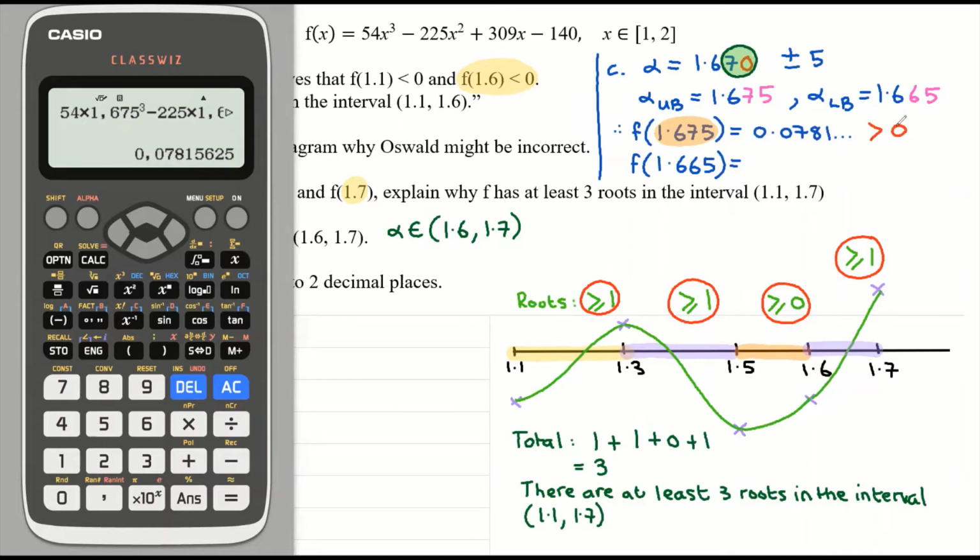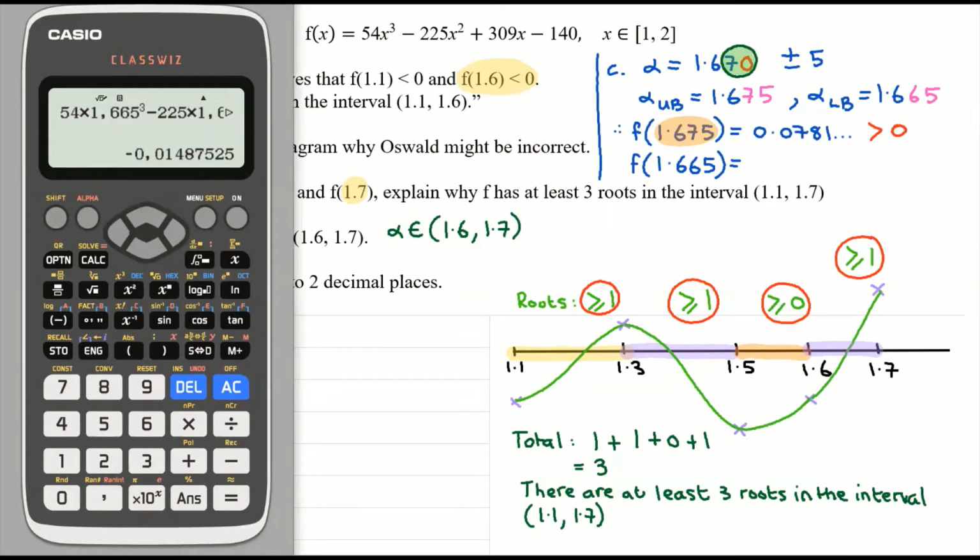Let's check. We'll go back to our calculator and edit what we've just inputted. Change the 1.675 to 1.665. Change that there, go back to the next one, and there it is. 65 there. Go back to the first one, change that to 65 and press equals.